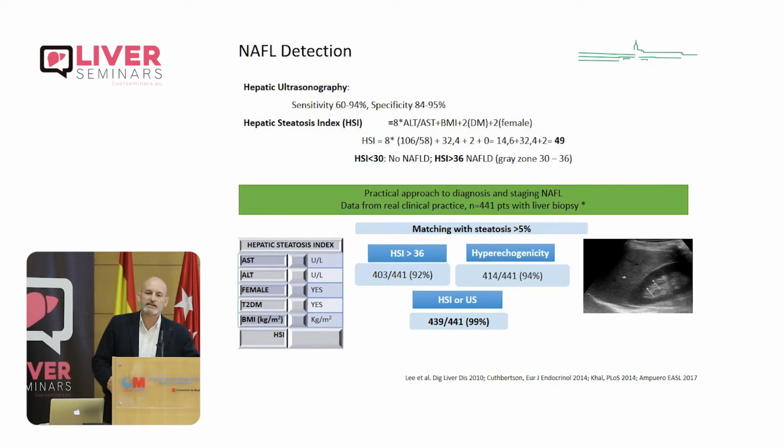We can detect steatosis, just to define that the patient is suffering from NAFLD, using non-invasive methods. In the Spanish registry, including 441 patients, using the hepatic steatosis index and ultrasonography, if the score is higher than 36 or the liver is showing hyperechogenicity, we can detect, using one of these two methods, steatosis in 99% of patients suffering from steatosis.